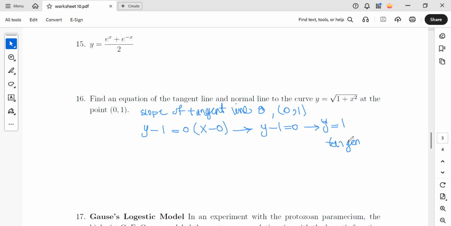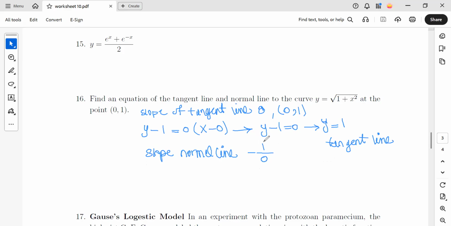We know that y equals 1 is a horizontal line. So for finding the slope of the normal line, we would find negative 1 over the slope of the tangent line, which is 0.